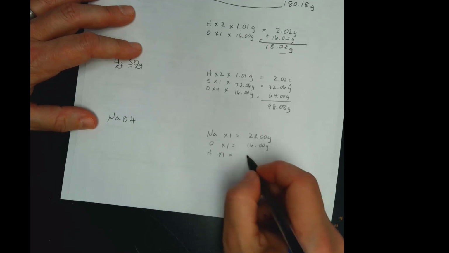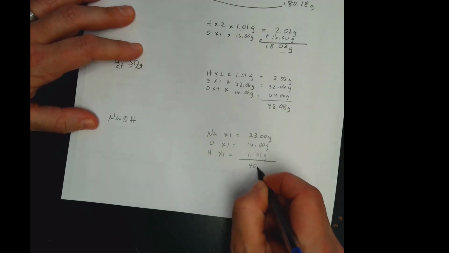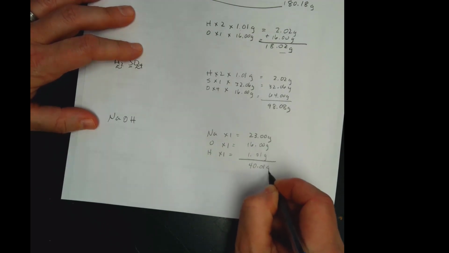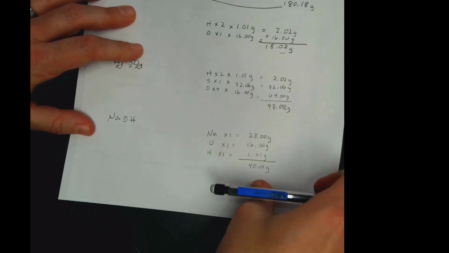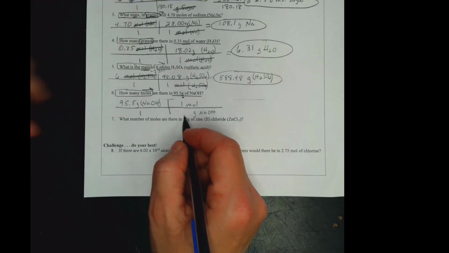And the rounded mass of 1 atom of hydrogen is 1.01 grams. And if we take the time to add those up, we end up with a quantity of 40.01 grams. Let me just double check my math right there. 23 plus 16 plus 1.01 is 40.01 grams. And that is what we are going to fill in our formula right here.